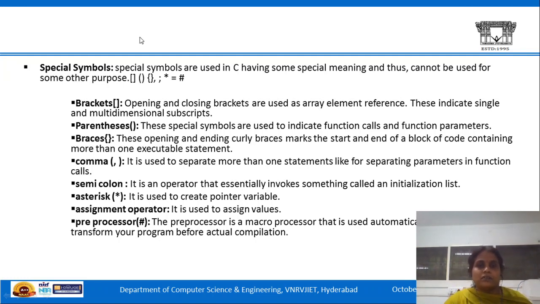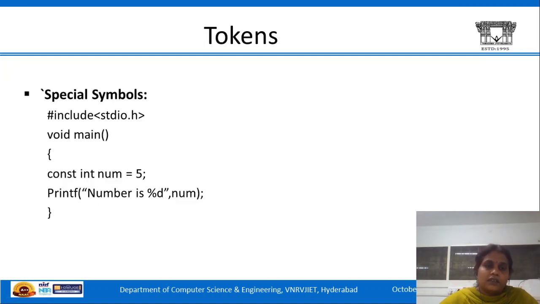Semicolon is used to end statements, and asterisk is used for pointers. Assignment is used for assigning values, and the preprocessor is used to include header files or macros before compilation, before execution of your program. We'll see how the preprocessor works.